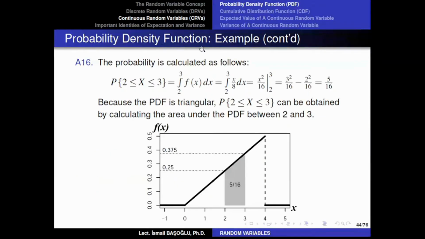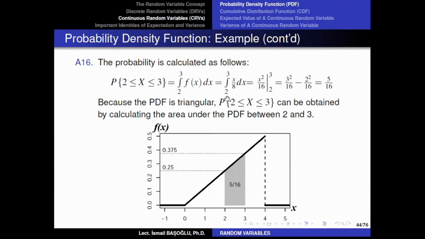Now let's integrate the probability density function from 2 to 3, and between 2 and 3, we know that the function is defined as x over 8. And if you integrate x over 8, you get x to the power 2 divided by 16.